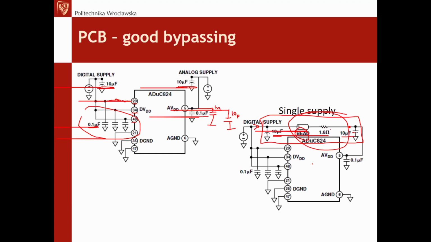So this is one of the methods of reducing the power supply influence on the operation of integrated circuits and electronic circuitry in general. But still, remember, critical is the good ground. Without good grounding, we are not able to do anything here.